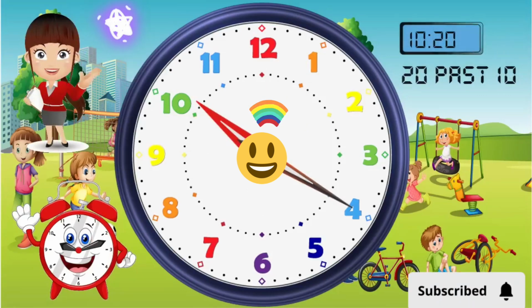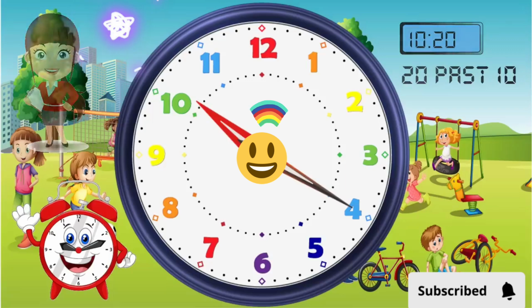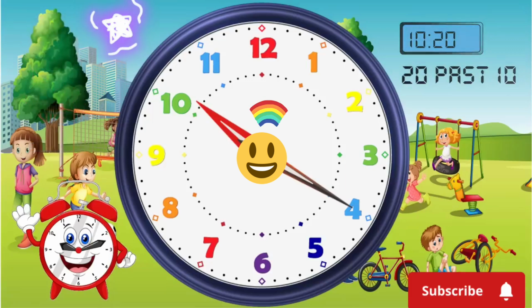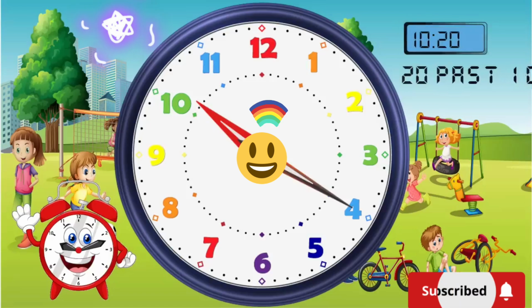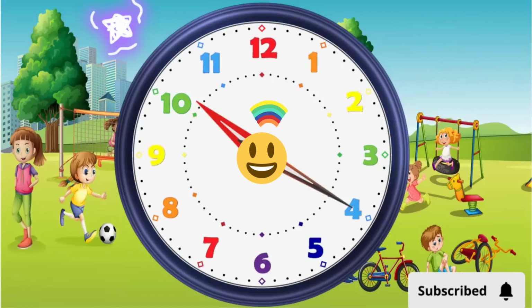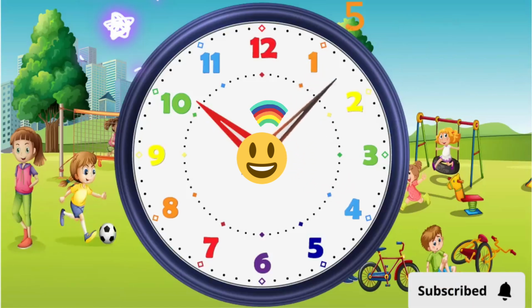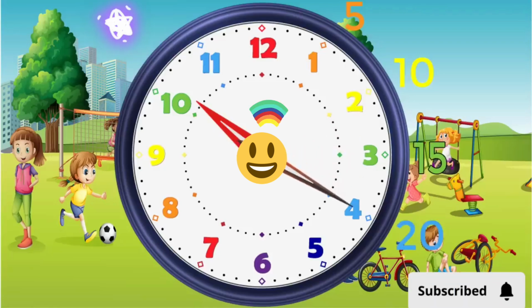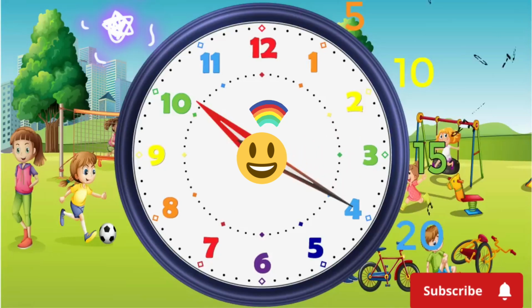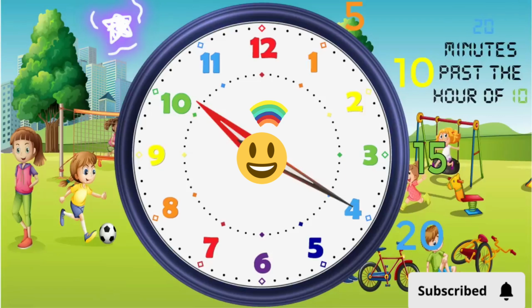Very good. Just remember, the minute hand times is shown here. As a beginner, you can always count in 5s to see how many minutes the long hand is on. So you can say 5, 10, 15, 20. That's 20 minutes past the hour of 10.